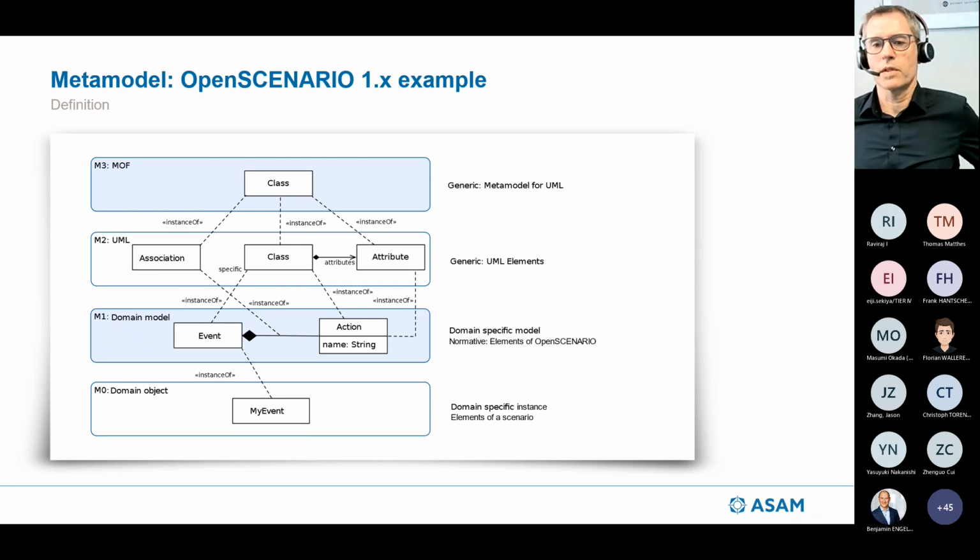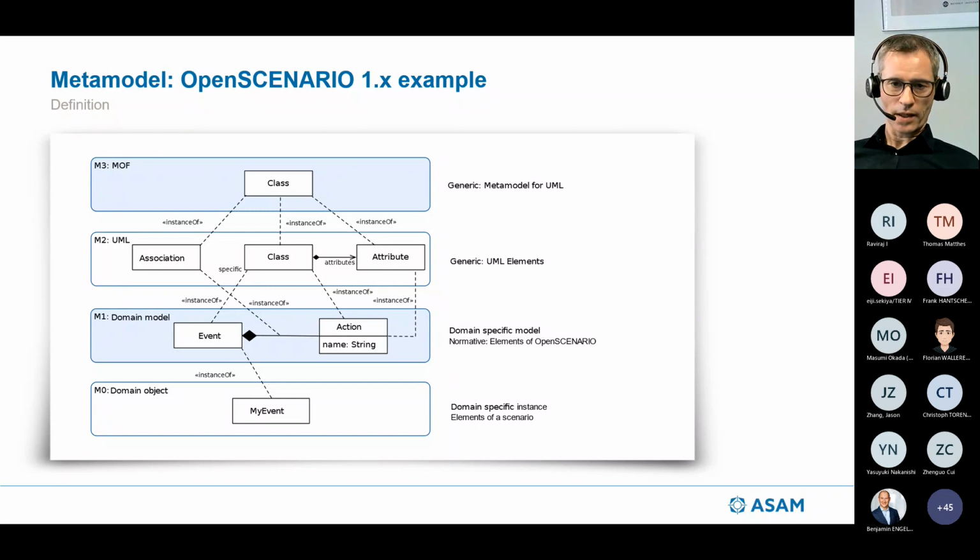When we talk about, for example, the layered model of OpenSCENARIO 1.x, we have 4 layers of models right now, and the relation is always that the model above is the meta model of the next underlying model.